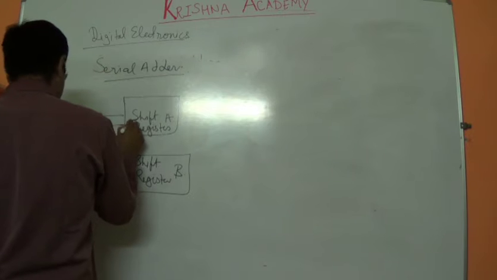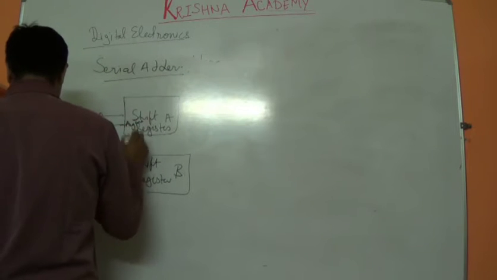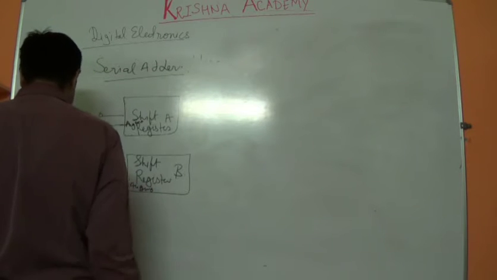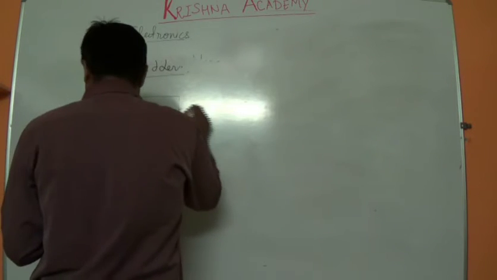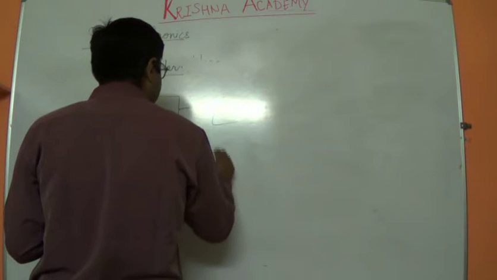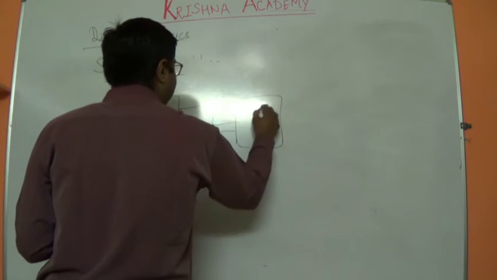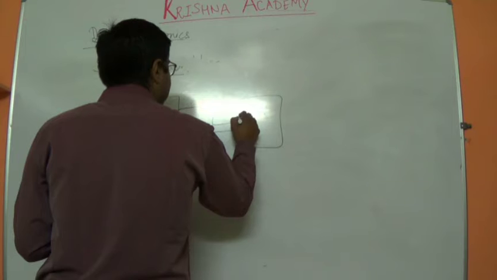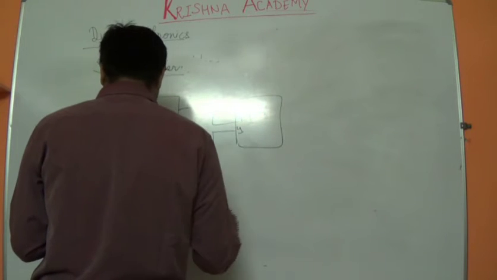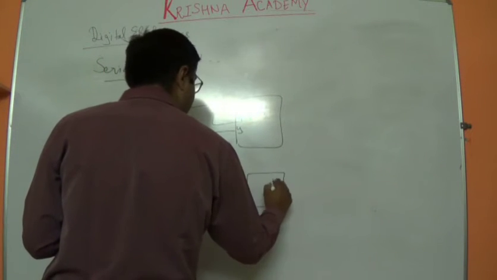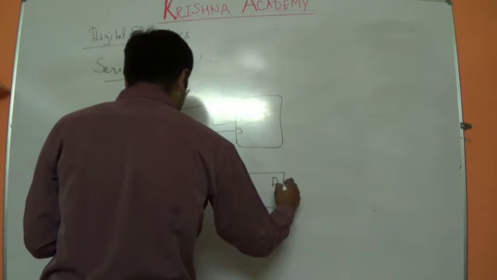The outputs of these two shift registers are added in a full adder circuit. This is X, this is Y, and we use a D flip-flop.